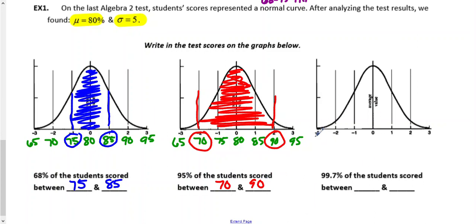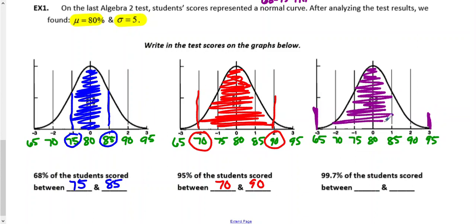Then we can do it again. I'm going to just copy over my numbers. And this question is asking 99.7%, which I just learned goes from -3 to +3 standard deviations, which is almost all of the curve.